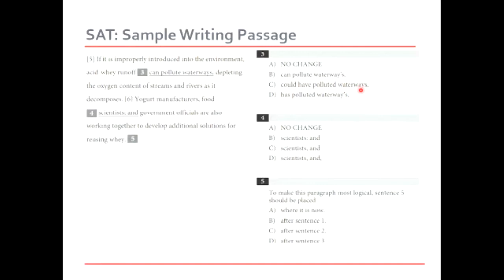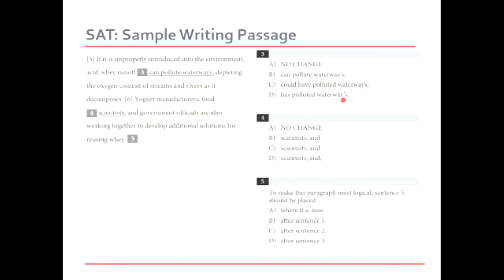In option C, could have polluted waterways. If you read the rest of the sentence, it starts with the present tense. If it is improperly introduced into the environment, acid whey runoff can pollute waterways. So why should we insert could have over here? No need for the word could. And then option D, has polluted waterways.